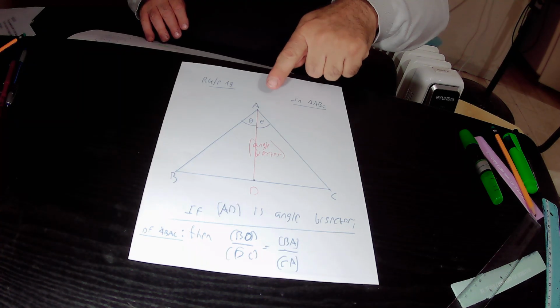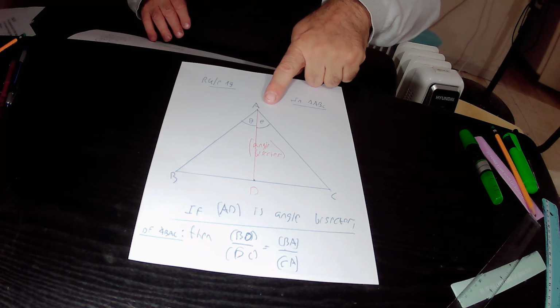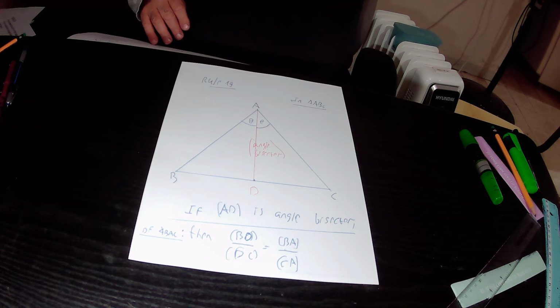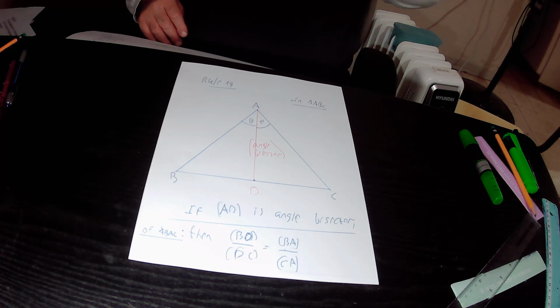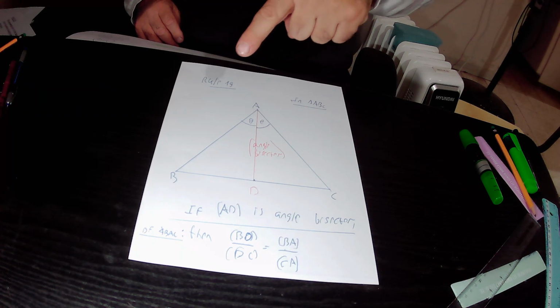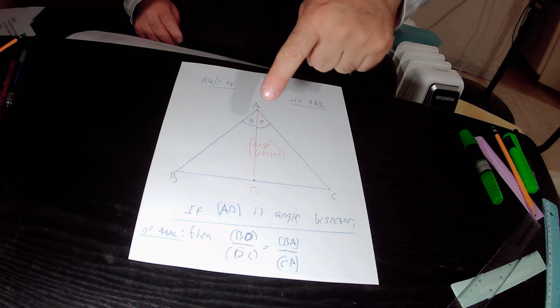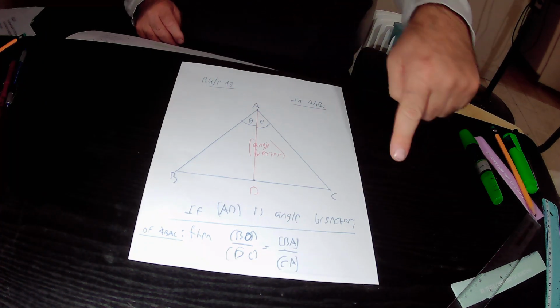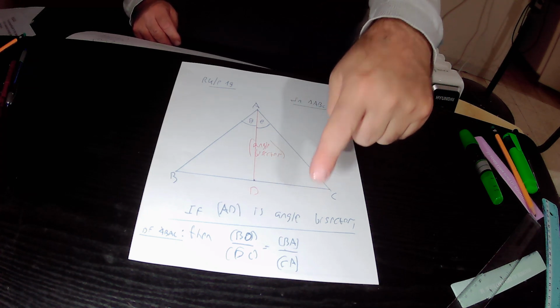That is to say, it bisects angle BAC into two halves, each half equal to theta. Because angle bisector AD bisects angle BAC, the following relationship exists in triangle ABC: BD over DC equals BA over AC.